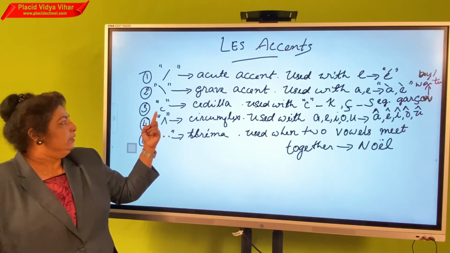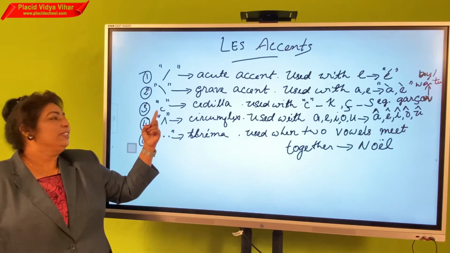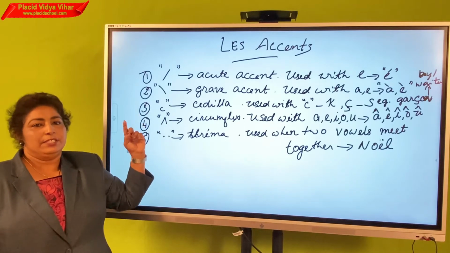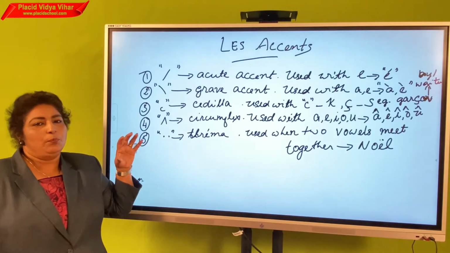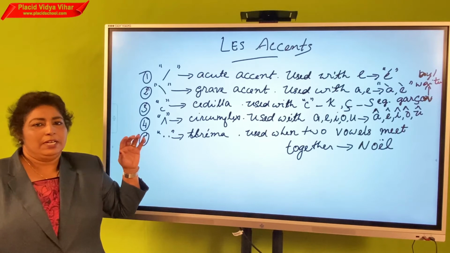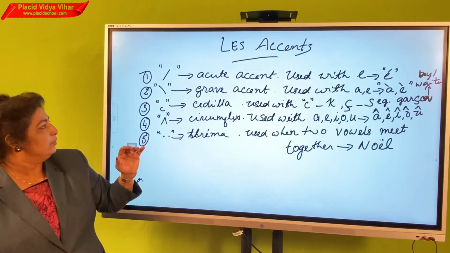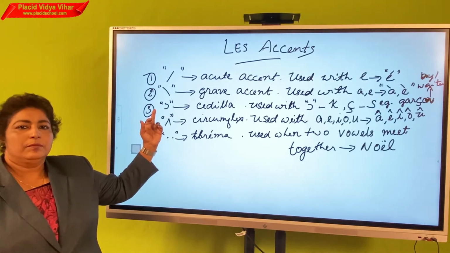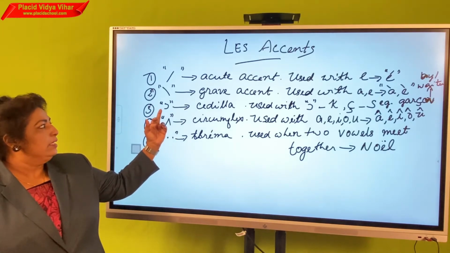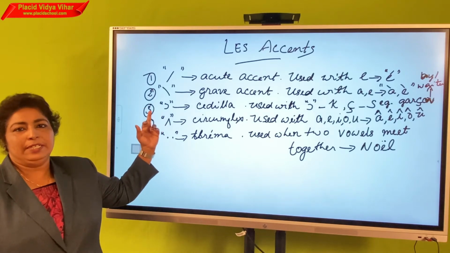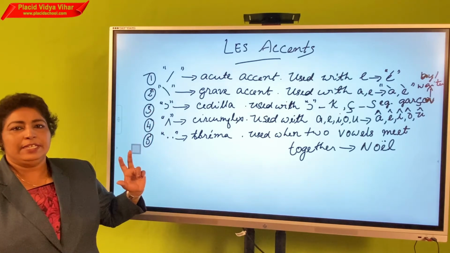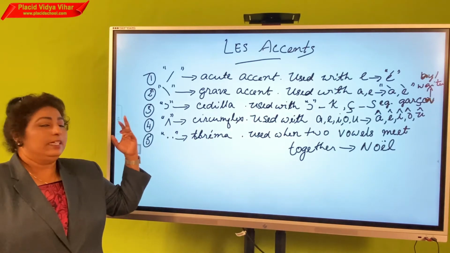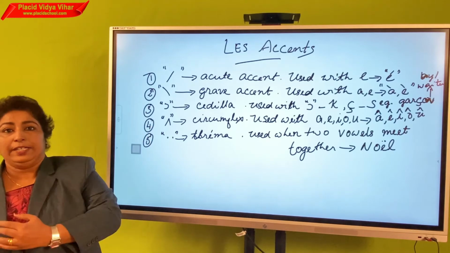Next, what is this? When you look, it looks like C. When you actually write C, the mouth of C is open to the right side. Now next is cedilla. This has a similarity with C. Whereas here the cedilla, the mouth is open to the left side.